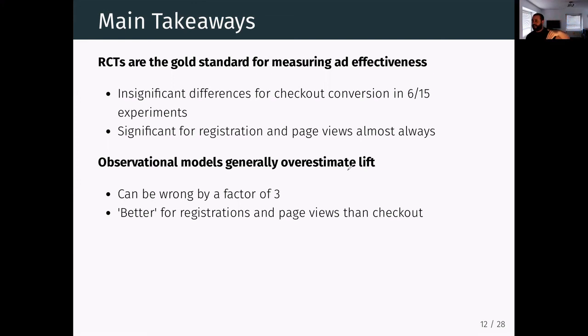If you're underestimating an effect, maybe we're less worried, right? It's like, okay, you're just hitting a lower estimate. When you're overestimating, you're drastically shooting way too high on the effect of your digital ad. That's tough, right? If you try to use these other observational methods to measure the effectiveness of your ad, you're overestimating the effect of digital ads, and maybe you're throwing more money than needed at these things.